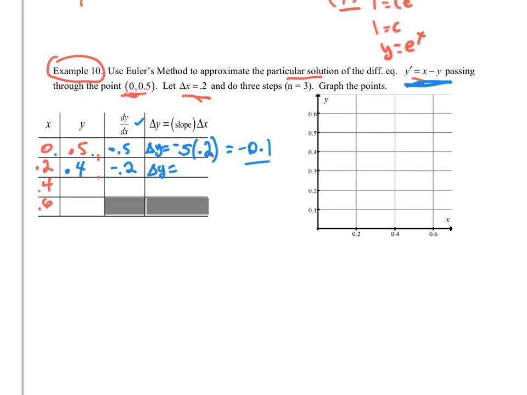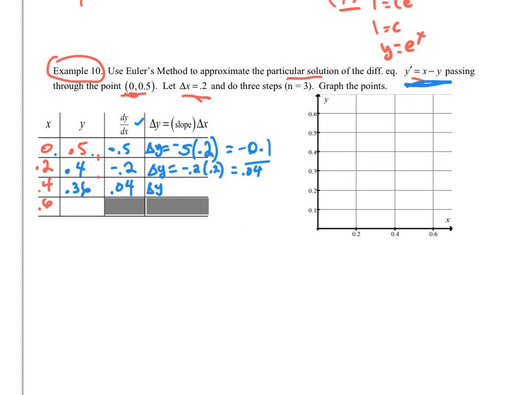Then I do this step, which is the slope, negative 0.2, and then I multiply by my increment. So this is going to be negative 0.04. Delta y goes down here, so I'm now at 0.36. Now I'm in positive territory, so this would be 0.04.